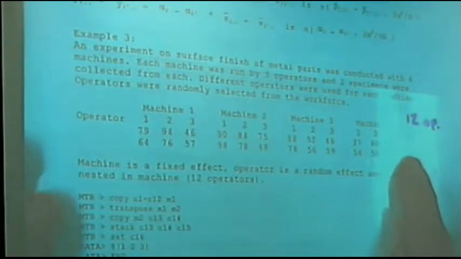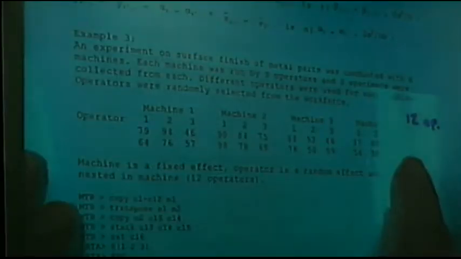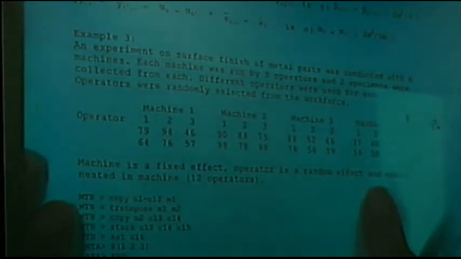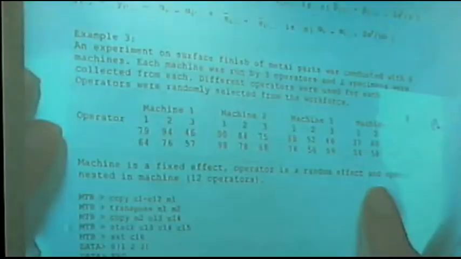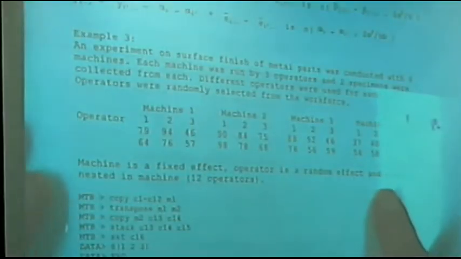But that's not what was done here. So this was set up in a nested fashion. How do we analyze this data?